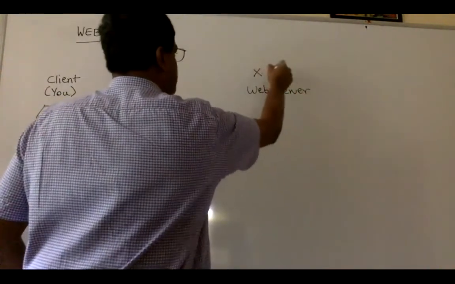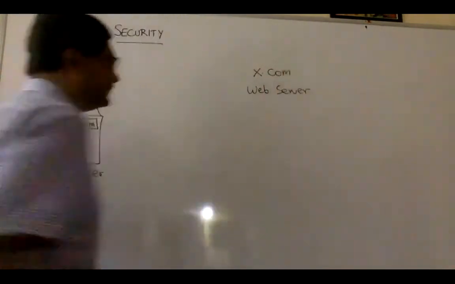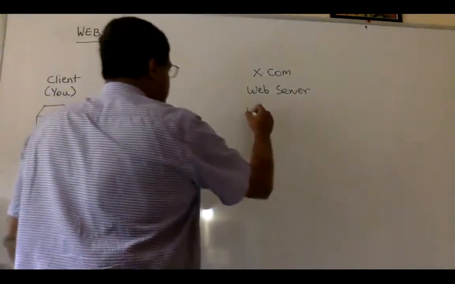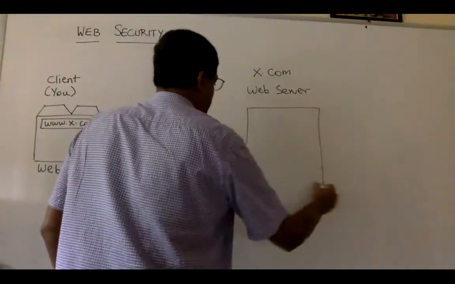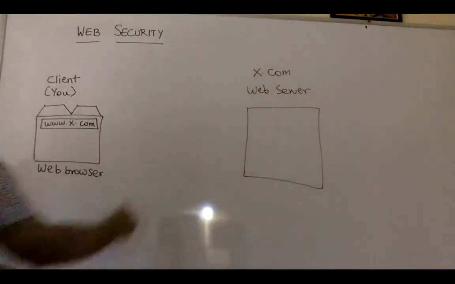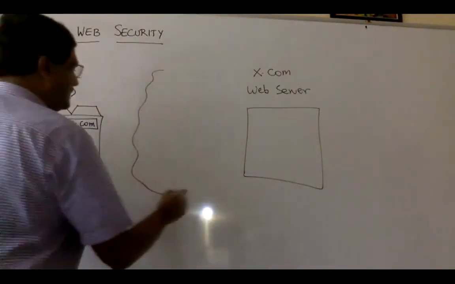And this is the web server of x.com. X could be Google, X could be Amazon, X could be Microsoft, whatever it is, right? You go and visit a particular web server and you try to get content served from them. So this web server is sitting over there and is serving you content over the internet.